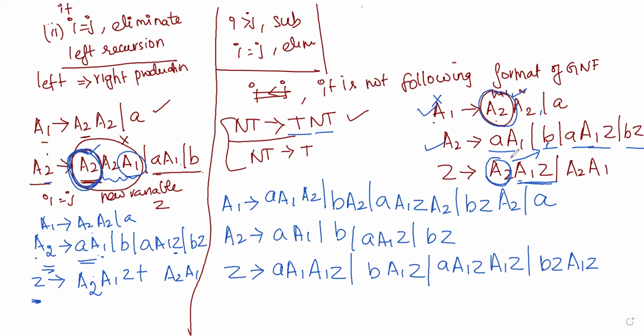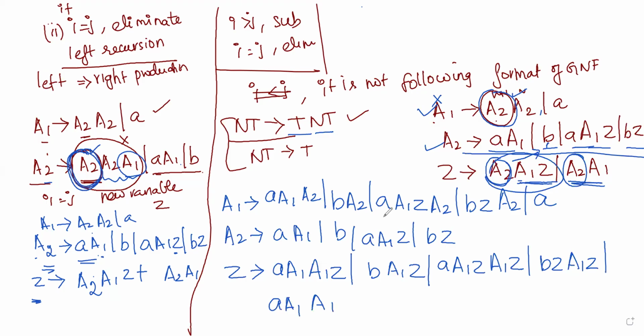Okay, so now I have updated this particular part, and check for this A2, A1. This is also not in the format of GNF. So substitute the value of A2 and change this into a terminal. If I update this A2 with the productions of A2, my first one will be A1 instead of A2, and one more A1 came.